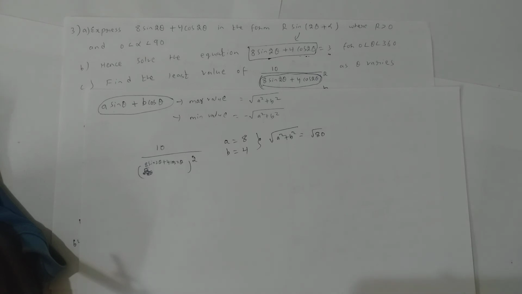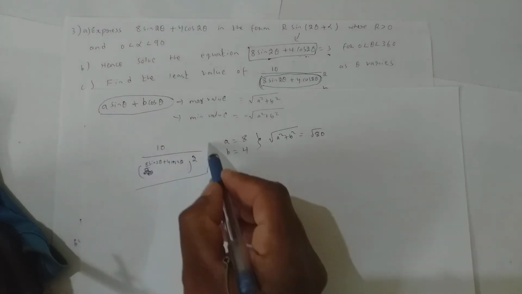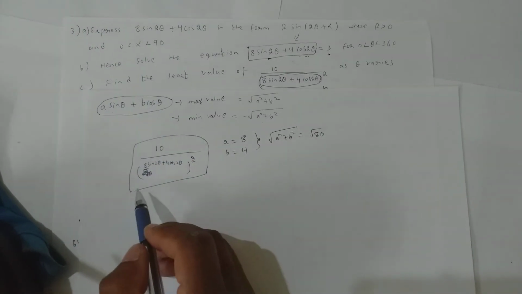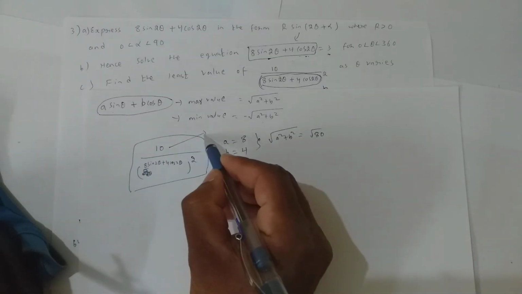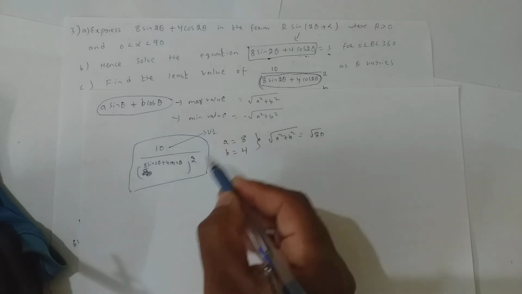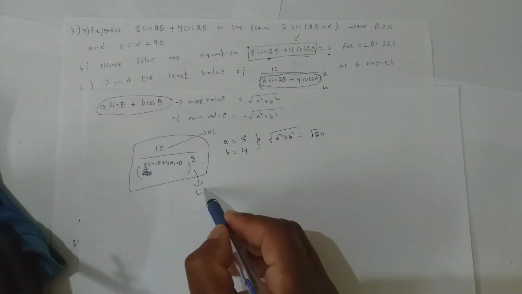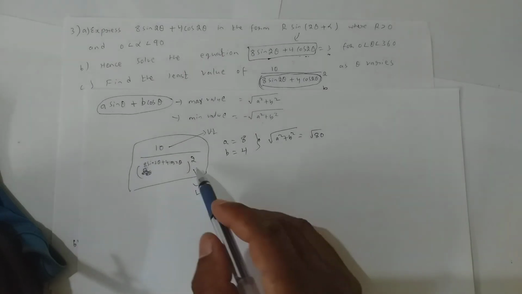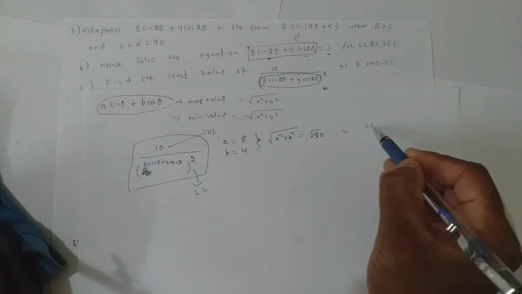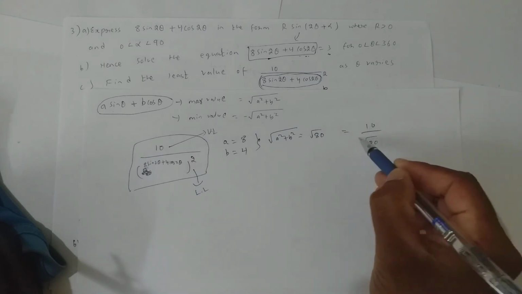And one more thing, in your lesson in grade 10 you have learned, if you want to find the least value of it, this is the upper limit and this should be the lower limit. Anyhow, it doesn't make any difference because the whole square is there. So it's only 10 by root 80 whole square.